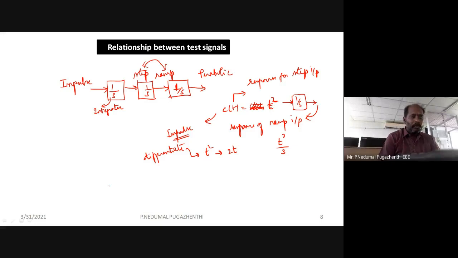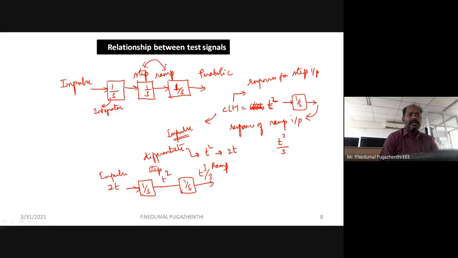So if 2t is the impulse response, if you integrate it, you will get t squared. Again, if you integrate it, you will get t cube by 3. So this is your impulse response, this is your step response, and this is your ramp response.